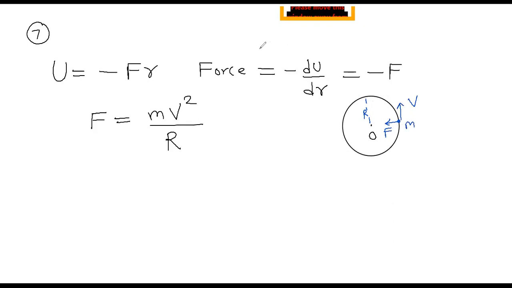Also from the Bohr quantization condition, we will have angular momentum about point O is integral multiple of h upon 2 pi.